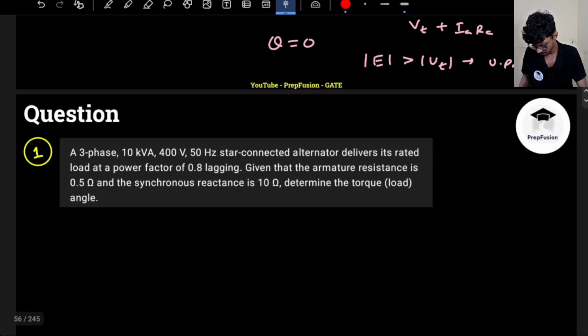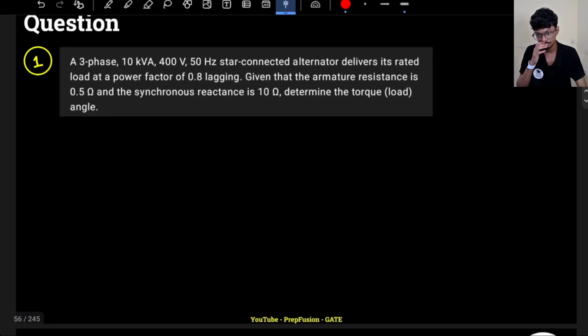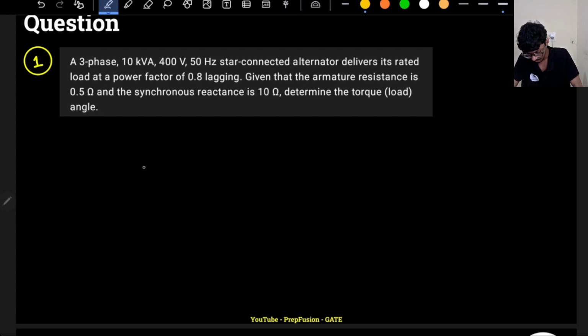So let me start with the solution over here. This is the first question basically. We have a 3-phase 10 kVA, 400 volt, 50 Hz star connected alternator that delivers its rated power at a power factor of 0.8 lagging. So cos theta is 0.8 lagging.